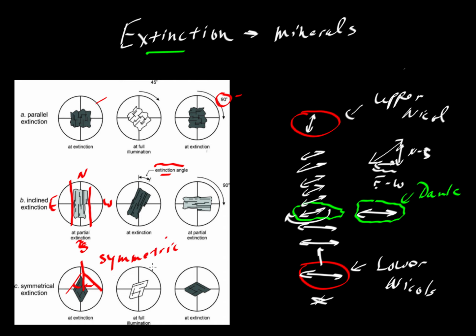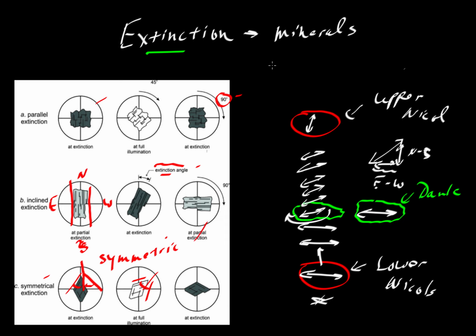Although if minerals have two directions of cleavage, that extinction doesn't necessarily have to be symmetric. Some minerals are special in showing symmetrical extinction when they have two different cleavages, and both of them go extinct when that angle is bisected.